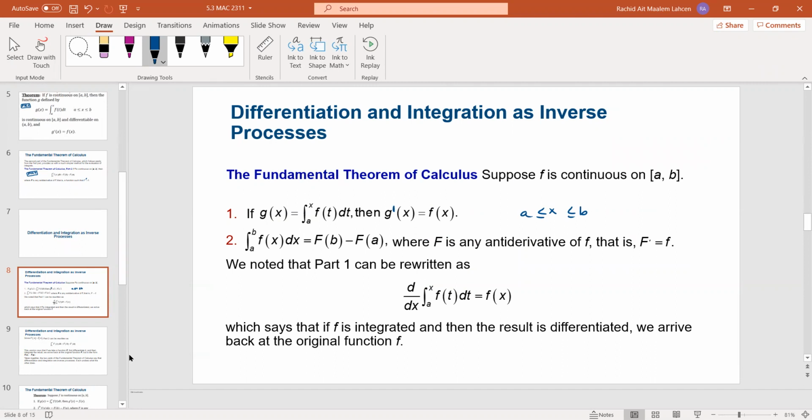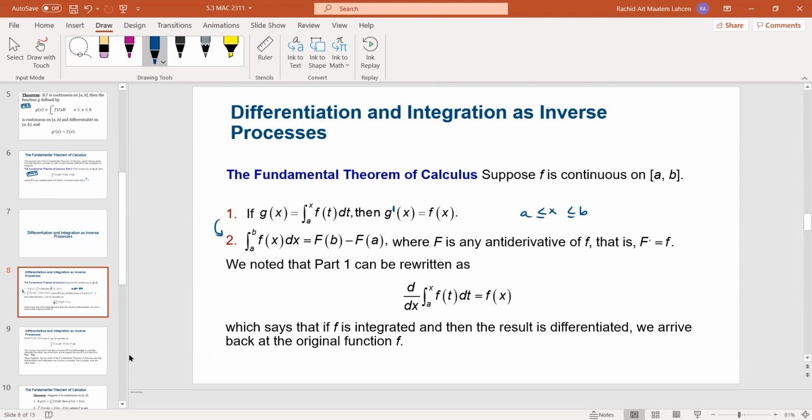This means that if you integrate this function f of t, it gives you a function g of x such that g prime of x is f of x. The second part, which makes it easier to calculate, just says F of b, this capital F, minus F of a, using the upper and lower limits of the integral, where F is the antiderivative.